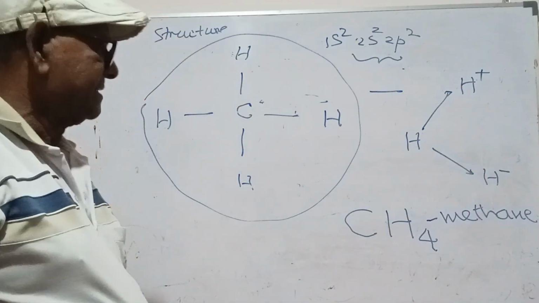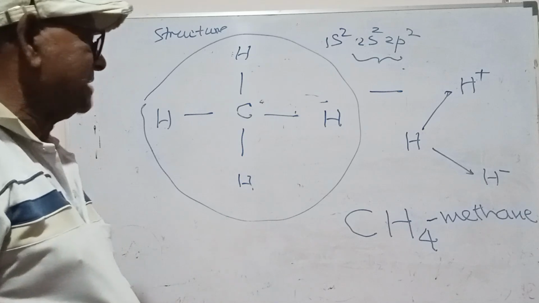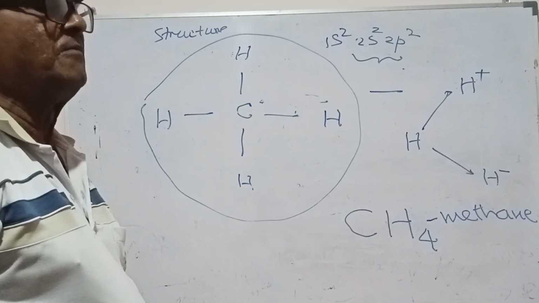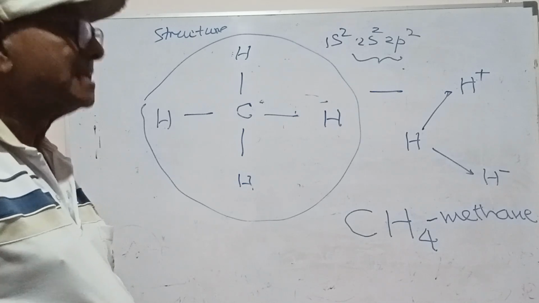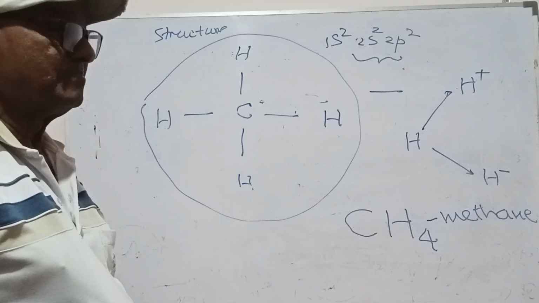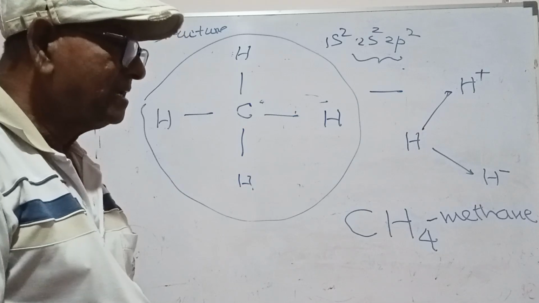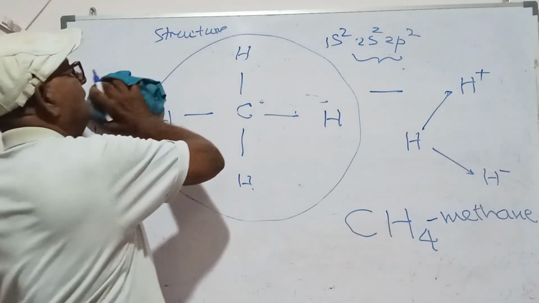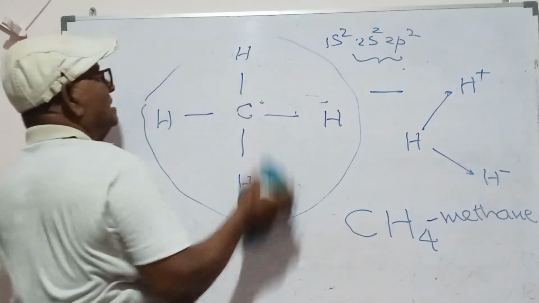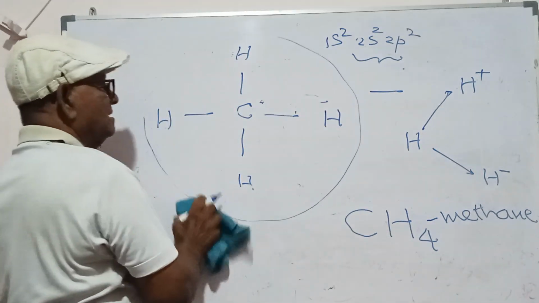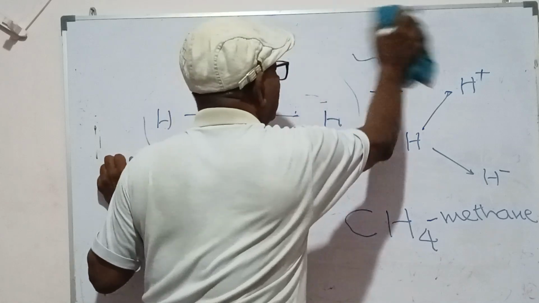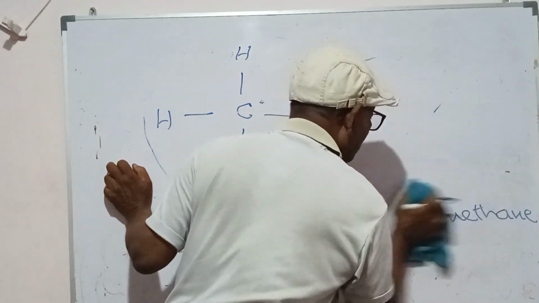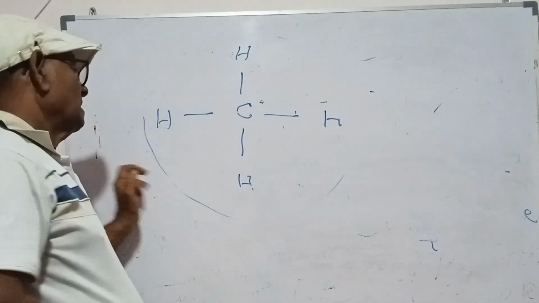So it is clear that the formation of a methane molecule is easier than the formation of an ionic compound. Right? Okay. I think you can understand well how a covalent bond and a covalent compound are formed.